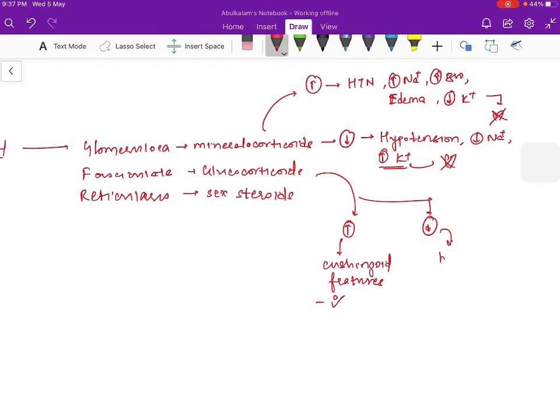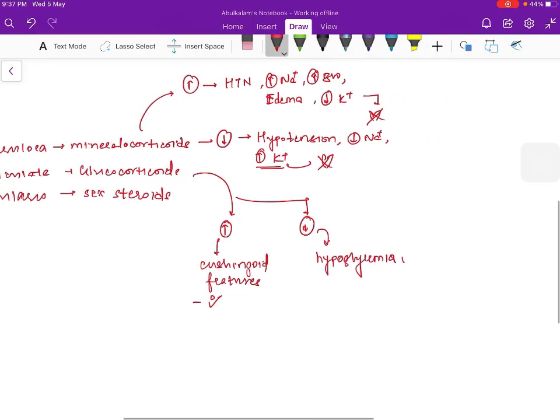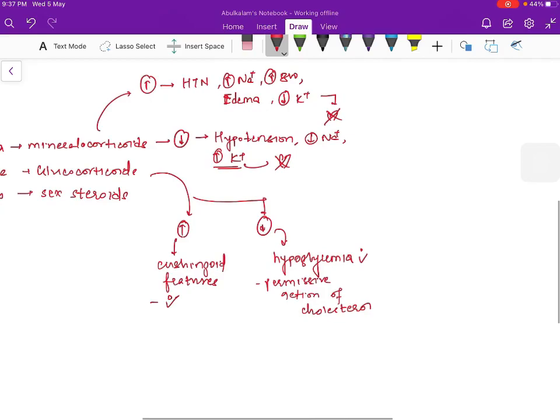If they are decreased, it will lead to hypoglycemia. This is one of the main manifestations of decreased glucocorticoids. There's also a permissive action for catecholamines, right? They augment the action of catecholamines in order to raise the blood pressure. This is one of the other actions of cortisol or glucocorticoids.